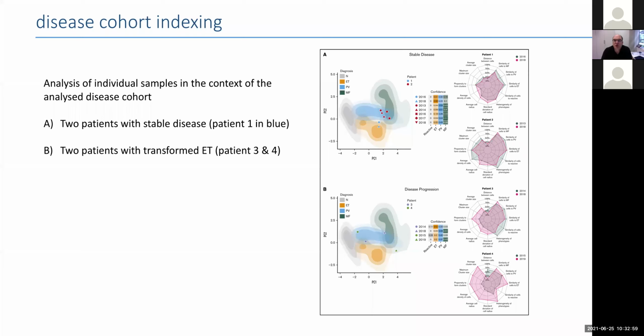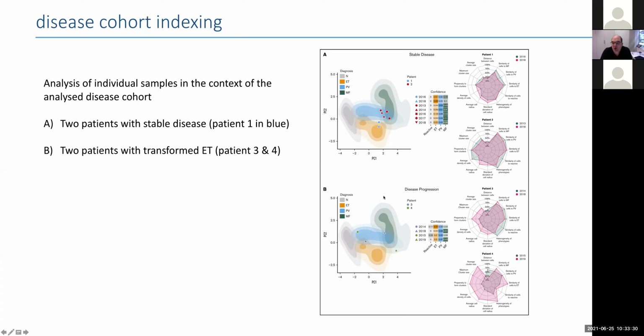And what you see at the top are two patients with stable disease. What is really nice here is that we can map the entire disease space, and you see that the blue icons stay in roughly the same area, as do the red icons. These are samples taken over roughly 2 to 5 years. What you see at the bottom is a very different case.